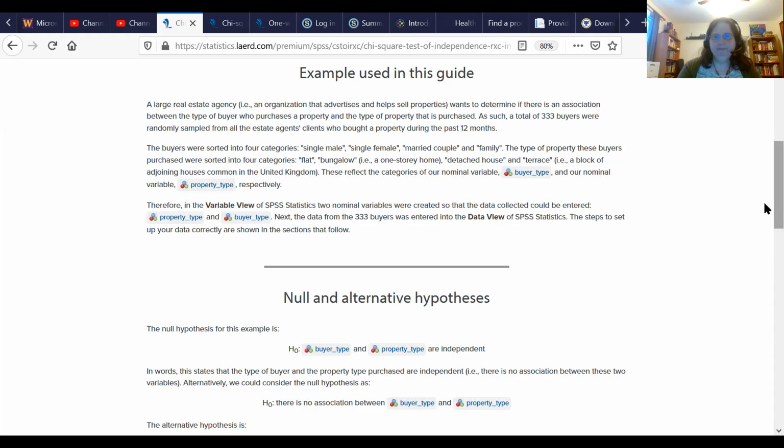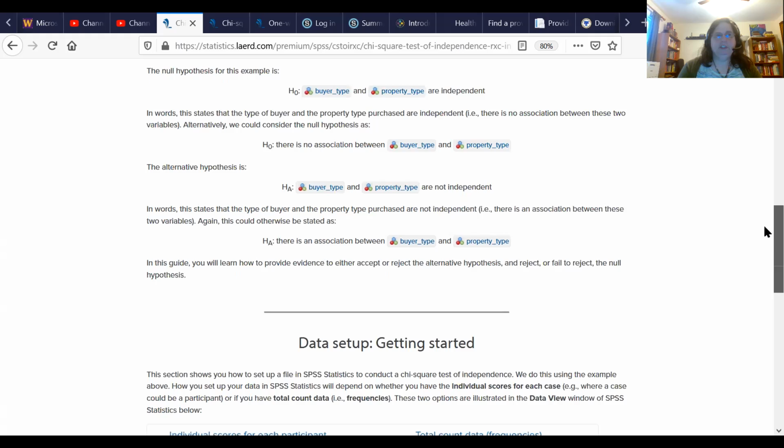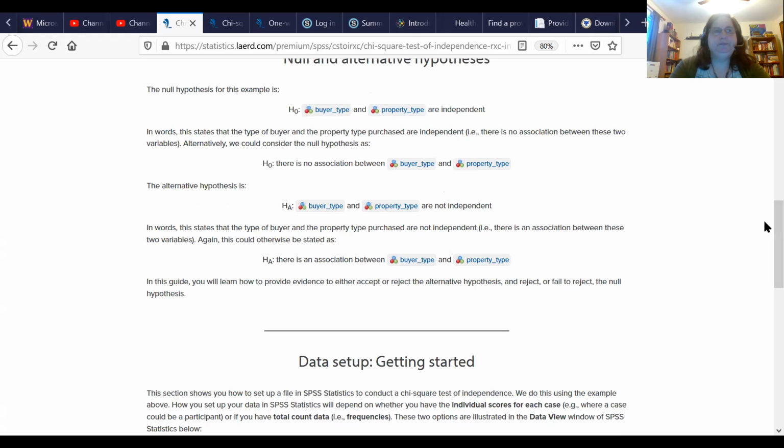So we've got 4 categories by 4 categories. Alternative: the buyer type and the property type are not independent. That is right, are not independent.